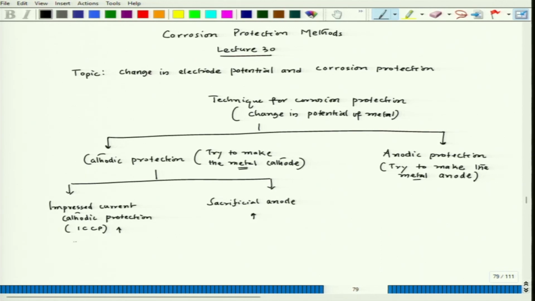So, here we use an active metal, galvanically connected, that is galvanic coupling with the metal which is to be protected.